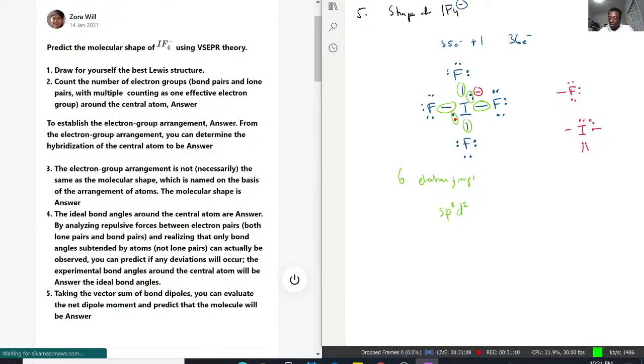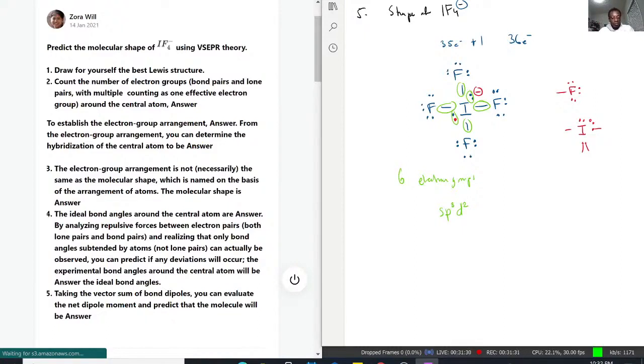Okay, there we go. We have s as 1, and then we have the p3, which counts as 3 more, so we get to 6, and then d2, which is the last 2. And that would be 6 in total. So that's the hybridization. It would be sp3d2.